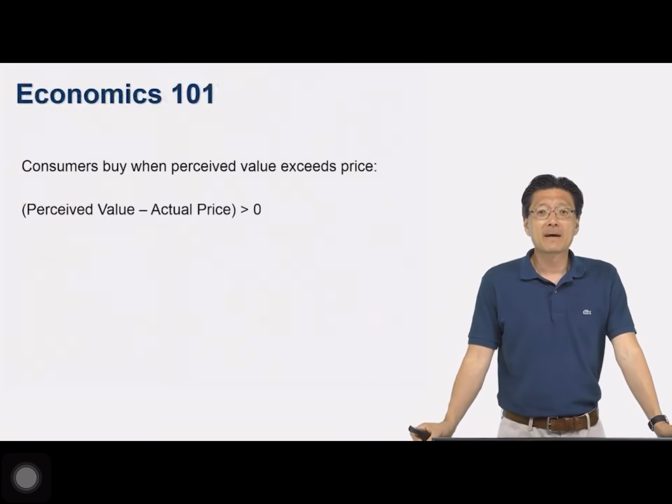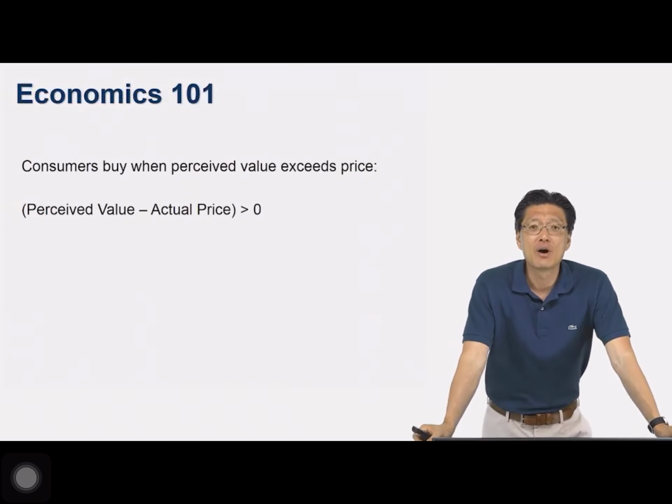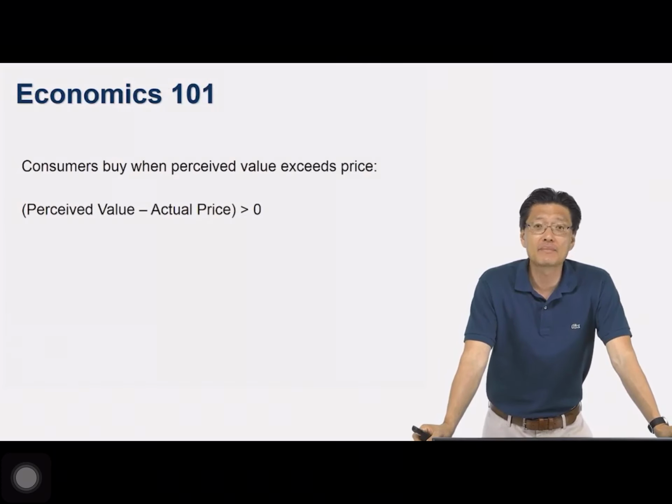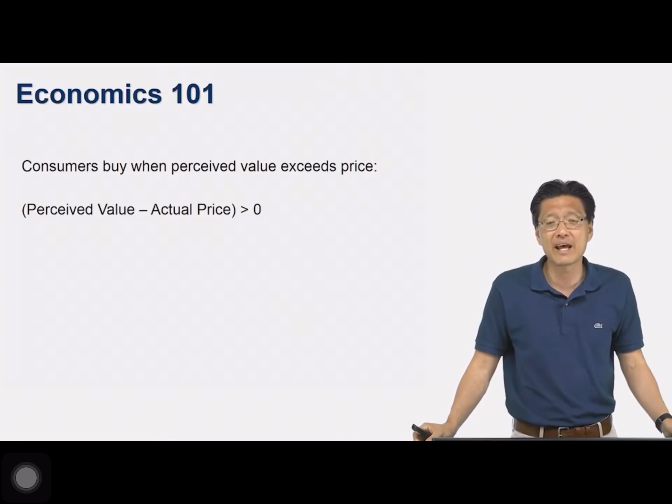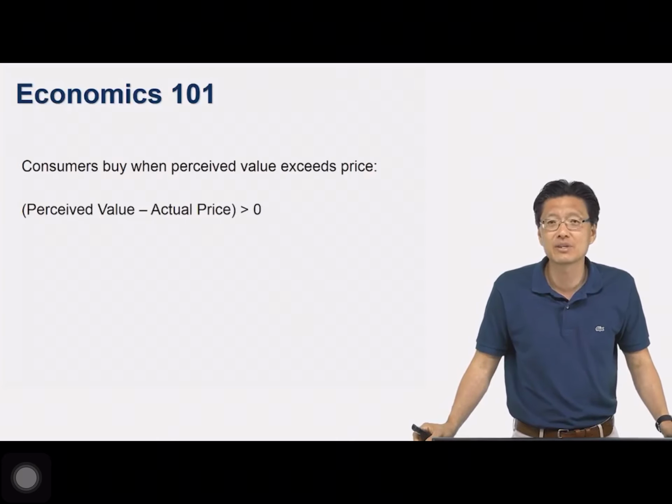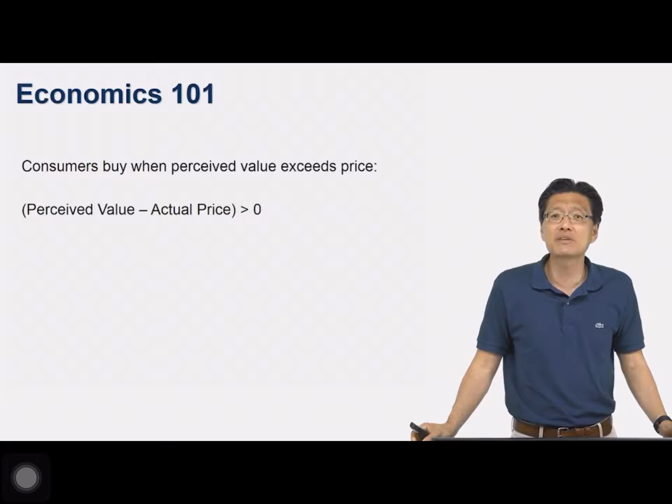So going back to our previous slide where we showed perceived value and the actual price, this goes back to basic economics 101. Customers buy when perceived value is greater than the actual price. So when price is below perceived value, this provides a motivation for customers to buy.